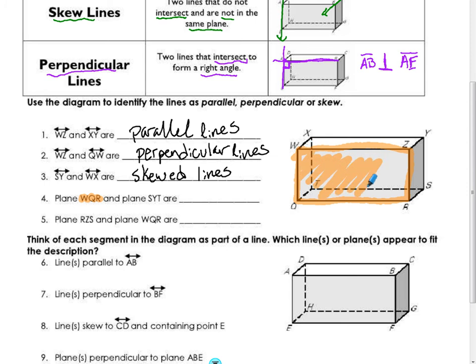So that front tab, and let's use green here for SYT. SYT, that's the plane in the back, right? And if this is a three-dimensional shape, that's the front of my tissue box and the back of my tissue box. And if you can visualize that, it's a little tough on a two-dimensional surface, but we can realize that both of these planes are going to be parallel to each other.